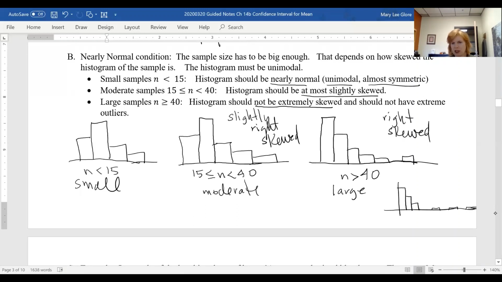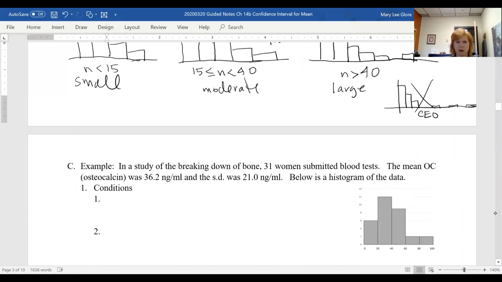That's no good. So we can't do a confidence interval for this one. We're only going to handle things that are unimodal, so all of these have to be unimodal, and depending on the size, we can have a little bit more skewness.